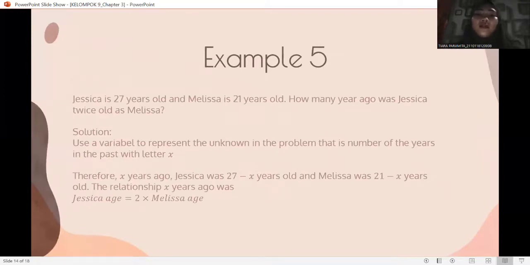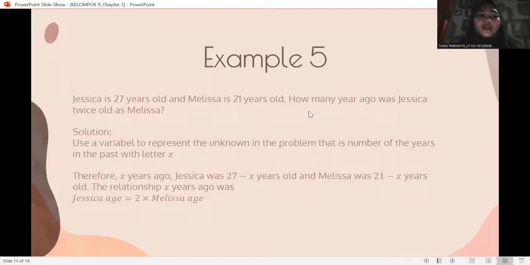The next example is example 5. Jessica is 27 years old and Melissa is 21 years old. How many years ago was Jessica twice as old as Melissa?